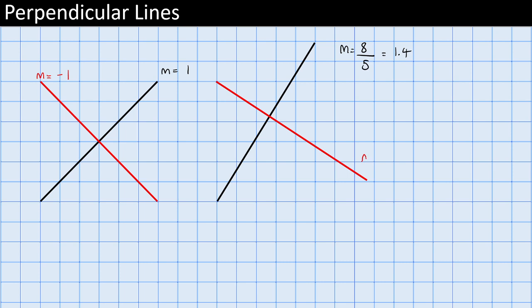So this one here would become 5/8 from doing the reciprocal, but it would become -5/8 from making it negative also. If we do that, then we get these two lines appearing at right angles. So perpendicular gradients are negative reciprocals.